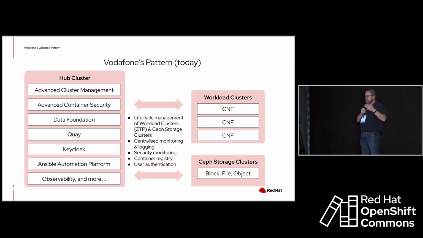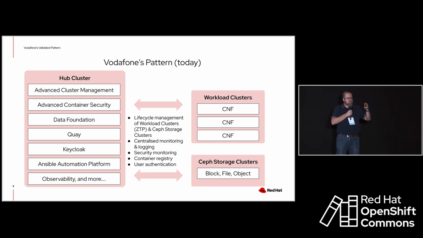That's a combination of an operator subscription and a Helm chart to deploy the component within the hub cluster. Now the Helm chart is custom for Vodafone because we are integrating it with our backup system. And so we've modified the Helm chart that's provided as part of the multi-cluster GitOps pattern that's validated. The operator subscription is the same, but the Helm chart is specific to us.